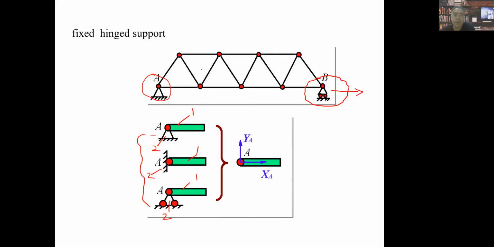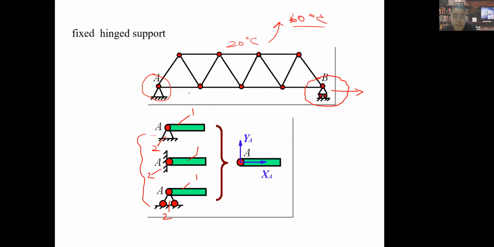You can think about it: when the whole frame's temperature goes from low, maybe 20 centigrade, to 30 or even 60 centigrade, it will elongate. If point A and point B are both fixed, then it will have some very bad deformation.